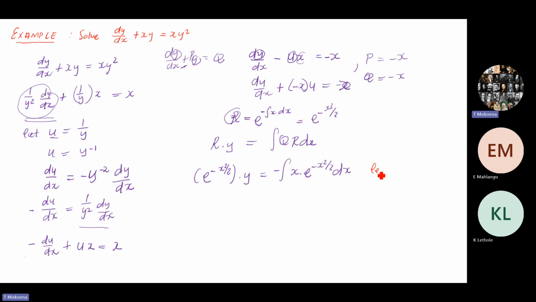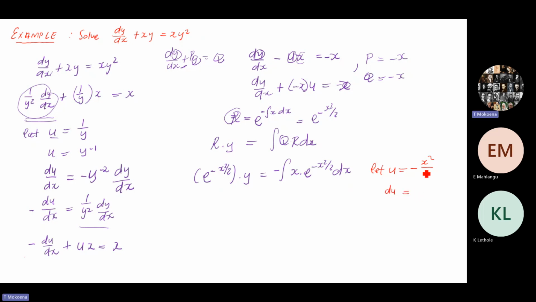I'm going to let, okay, because I'm dealing with u, I have already dealt with u, but it's only this part that is fine, so you don't have to worry. In this case, I'm going to let u be equal to the exponent over there, which is negative x squared over 2. And then from here, I'm going to differentiate this, du over dx.